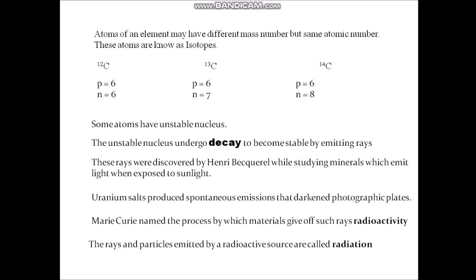We can see carbon 12, carbon 13, and carbon 14 are isotopes, right? Isotopes of atoms with unstable nuclei are known as radioisotopes.